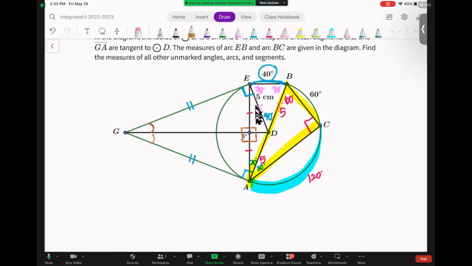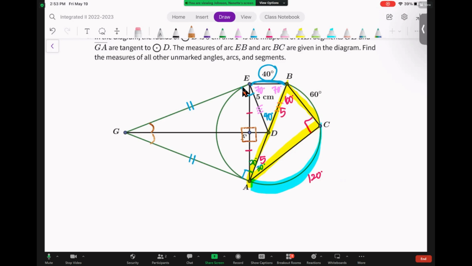So things that we used were we remembered that the central angle and its intercepted arc are exactly the same, 40, 40, versus an intercepted arc and an inscribed angle. Miss Johnson likes to call them onscribed angles because this is 30 degrees. It's half of the intercepted arc.